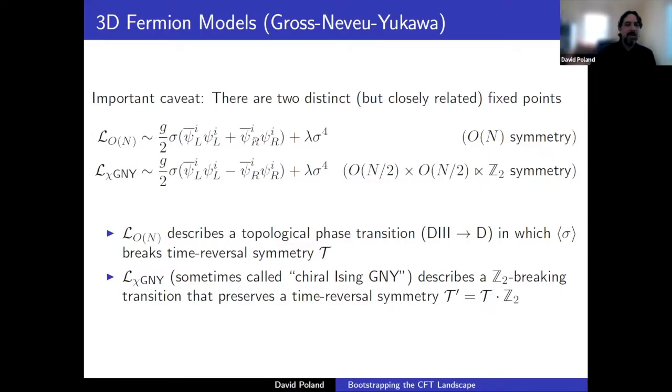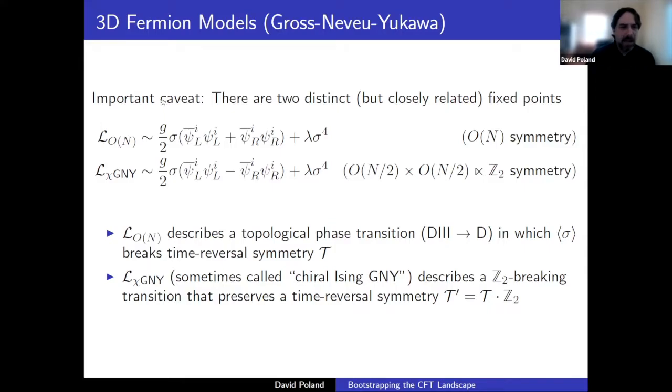This ON invariant GNY model describes a topological phase transition in which the expectation value of sigma breaks a time reversal symmetry. Under time reversal, sigma goes to minus sigma. It's a pseudoscalar, and psi bar psi goes to minus itself.